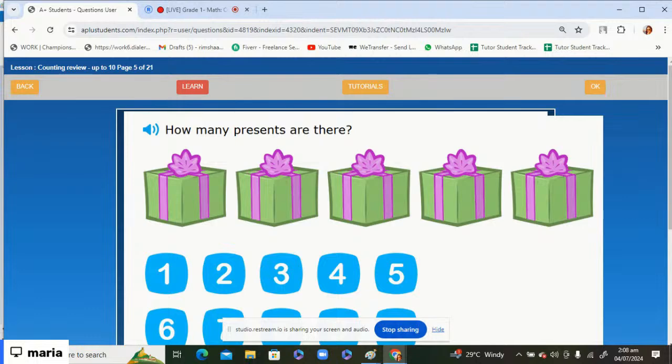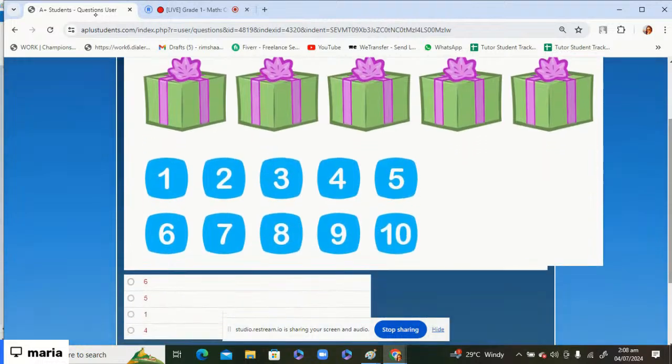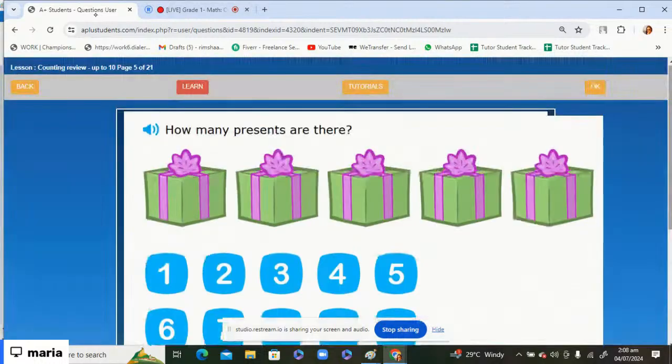Total are one, two, three, four, and five. Total are five. Yes, good. It's five. So we check, here is five, and then we go with it.